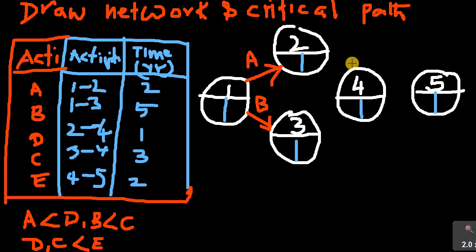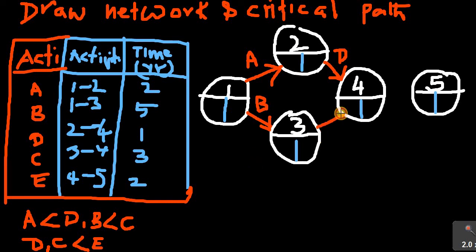So what will come here? 1, 2, 3, and 2 to 4. The activity is what? D. Now look at that. A should be finished, then only D should start. Now B should be finished, then only C should start.